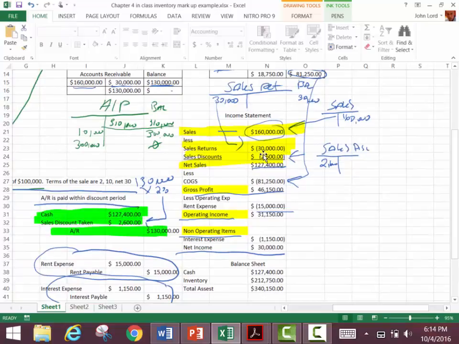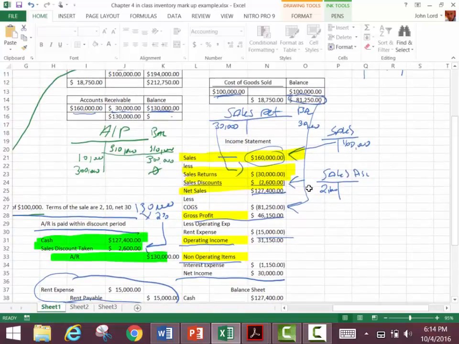Then we take off our cost of goods sold, which we're pulling from our T account. The cost of goods sold was 100,000 minus the cost of the items that were turned back. The difference between our net sales and our cost of goods sold is gross profit.